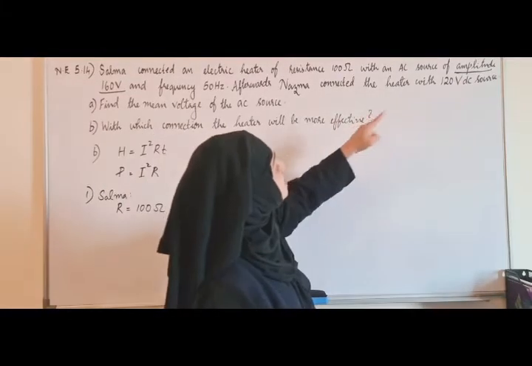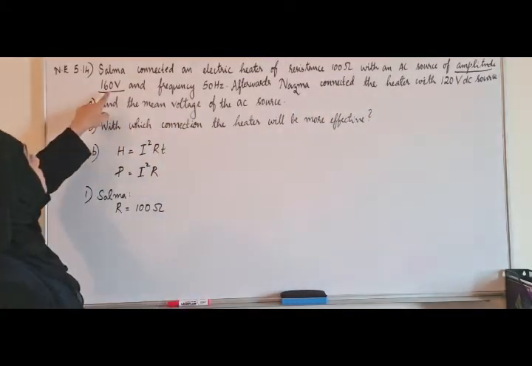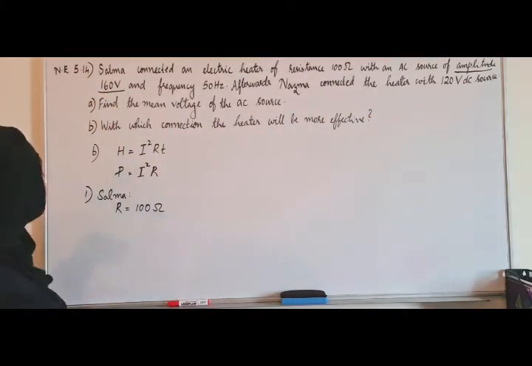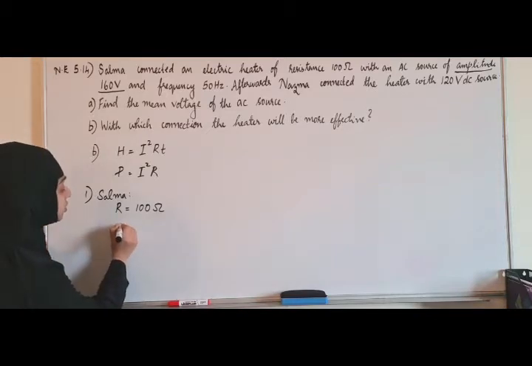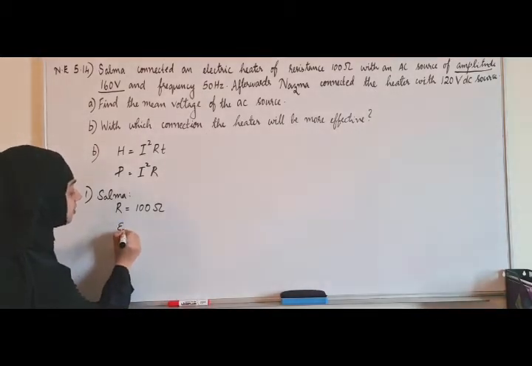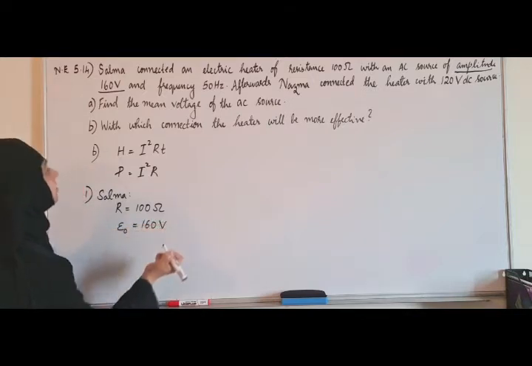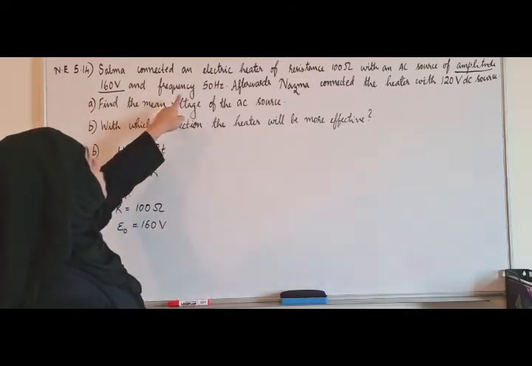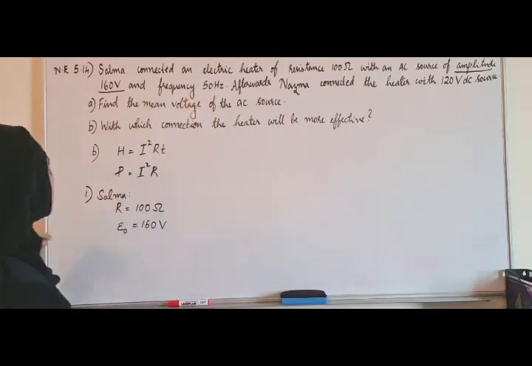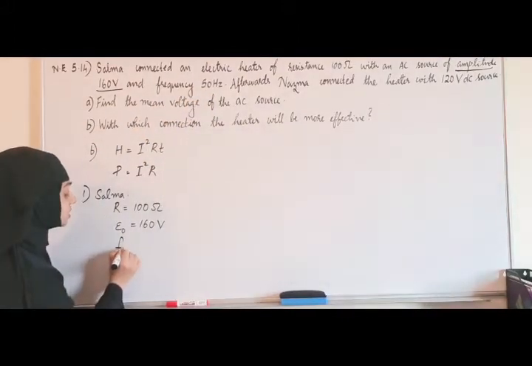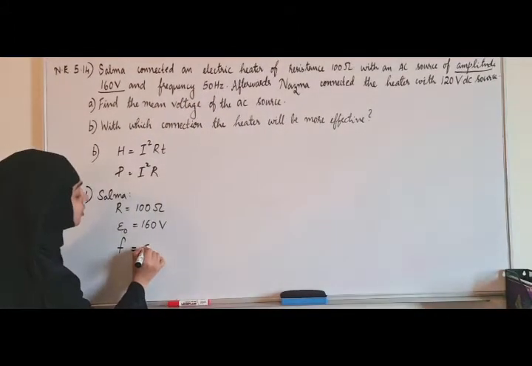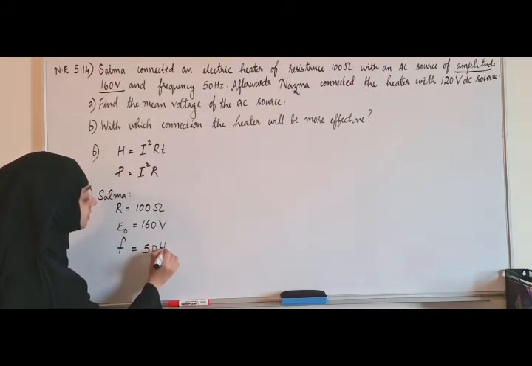With an AC source of amplitude 160 volt. So the amplitude of the AC source or the peak value of voltage is equal to 160 volt. And frequency 50 Hz. So they have given frequency F is equal to 50 Hz.